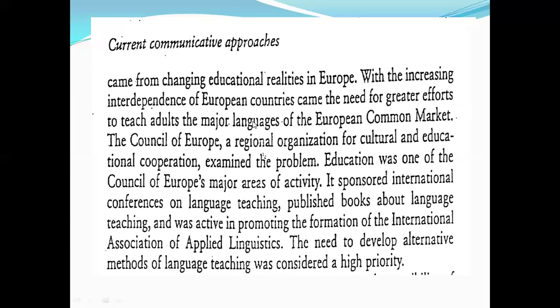And the Council of Europe, a regional organization for cultural and educational cooperation, examined the problem. Education was one of the Council of Europe's major areas of activity. They also needed the International Association of Applied Linguistics.